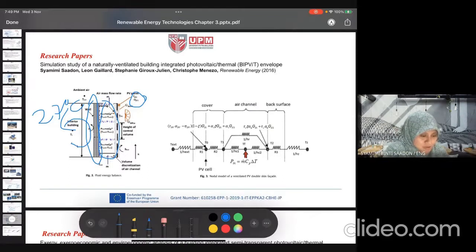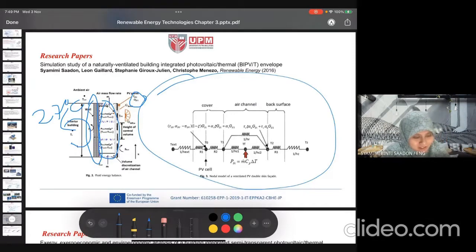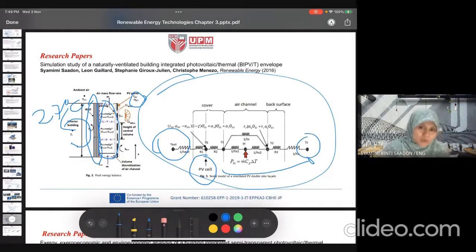This part is the heat transfer part, the process of the heat transfer mechanism from the exterior air, ambient, and PV panel until it reaches TZ. This one is the building wall.